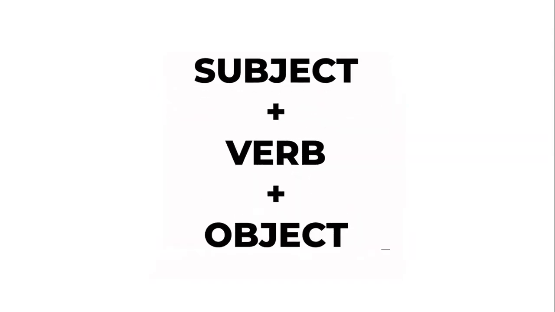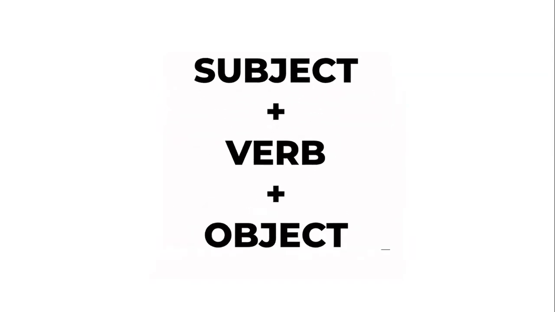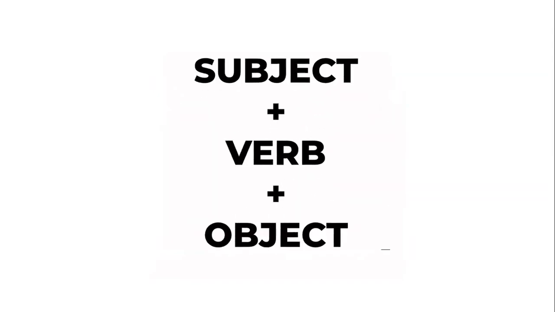So in the previous video, we saw this. But now in an English sentence, it's not quite simple to divide easily into subject, verb, and object. There are sentences that can be made without an object. There are sentences that can be made with more than one object, right?